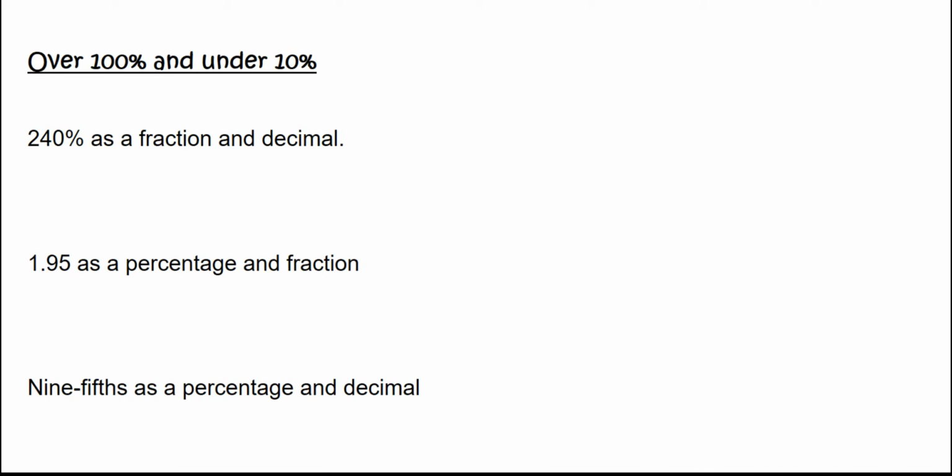These kinds of problems where we're looking at any percentage over 100% or under 10%, we need to work out how we can change these into fractions or decimals. The first thing we need to realise is that if we have 100%, that is the same as 1 whole, which we can write as 1 over 1.